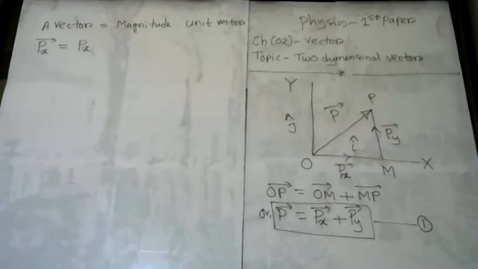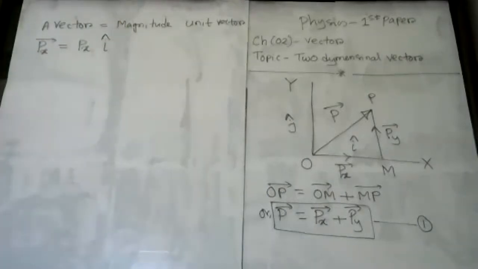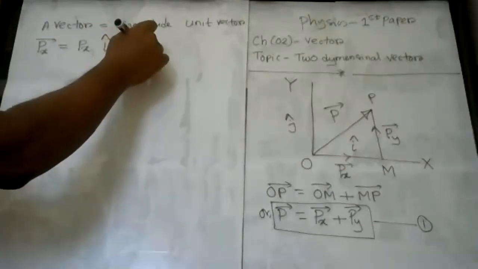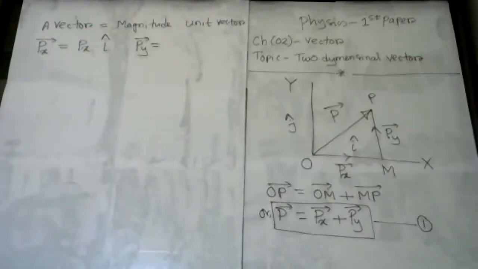The unit vector acting along the x-axis is nothing but i hat or i cap. And then, if you want to find out Py, can you say how can I find out Py?